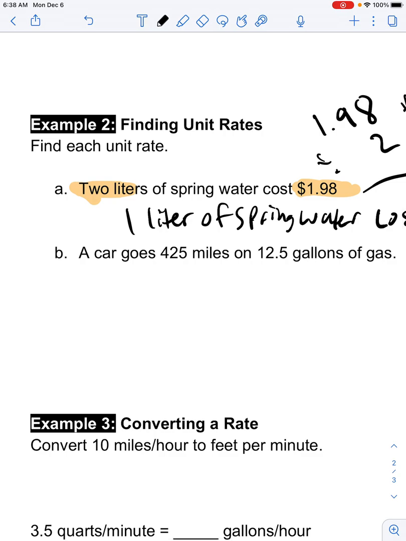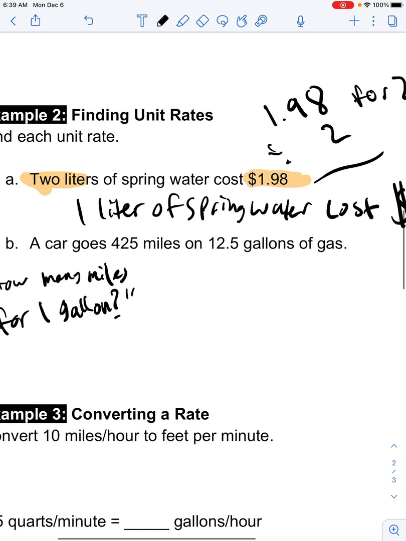A car goes 425 miles on 12.5 gallons of gas. Again, for my unit rate, I want to know how many miles for 1 gallon. That's the question that I want you to be thinking about in your head.